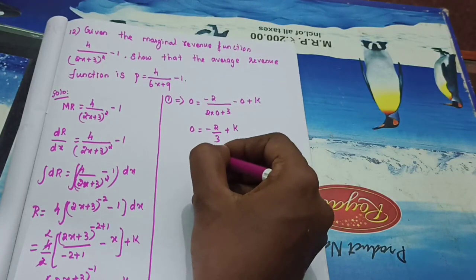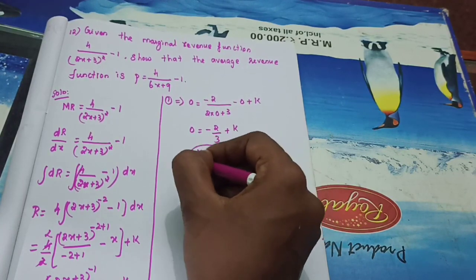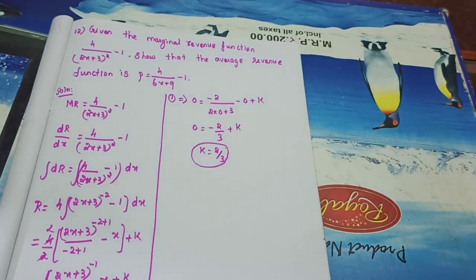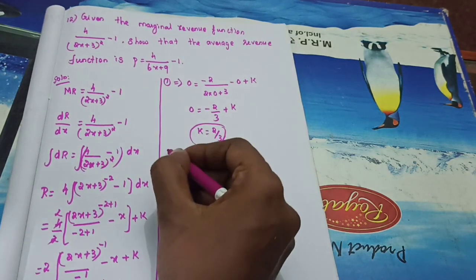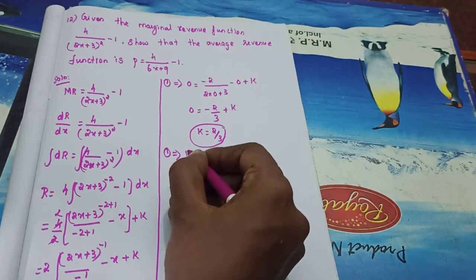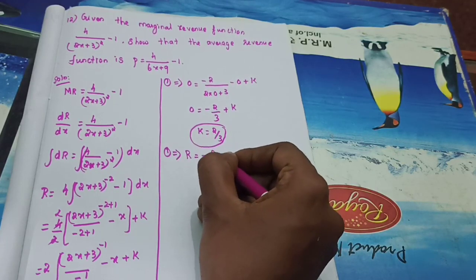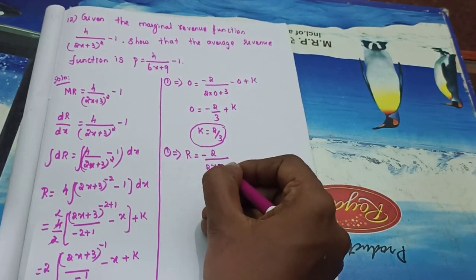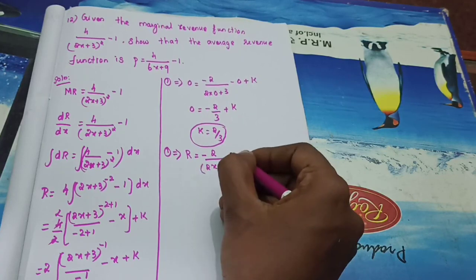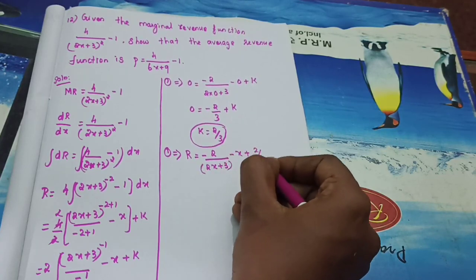So k equals 2 by 3. Now you got the value of k equal to 2 by 3. Now substitute in 1: r is equal to minus 2 by (2x plus 3), minus x plus 2 by 3.